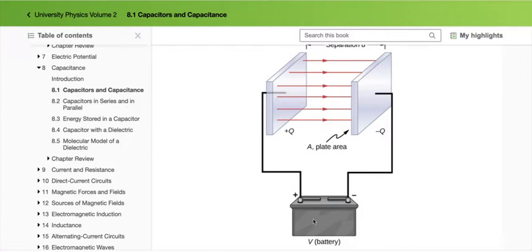No matter what battery you hook up, the capacitor has a certain capacitance, its ability to store charge, that only depends on the distance between the plates and the area of the plates. If you put a bigger battery, you can store more charge. But the capacitance, the charge per volt, only depends on the geometry.